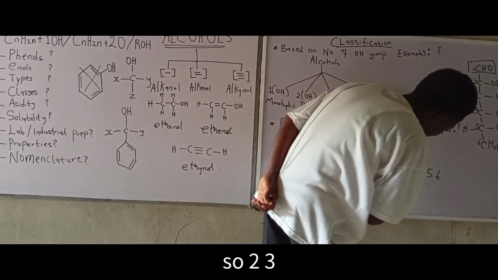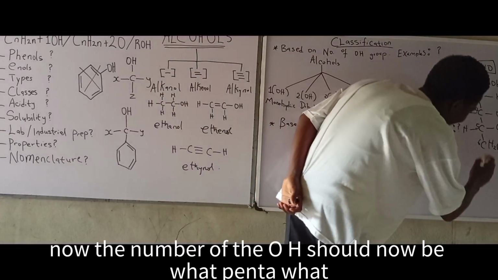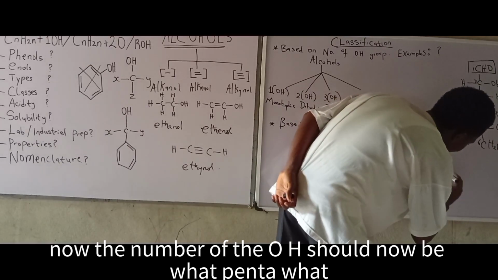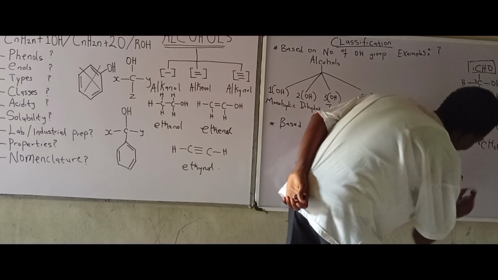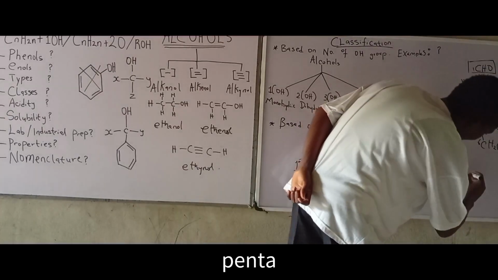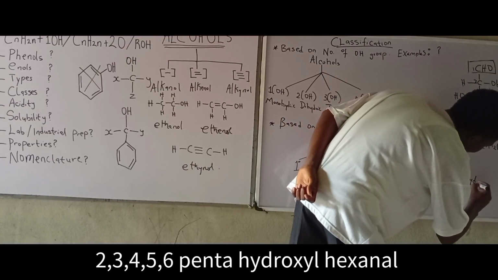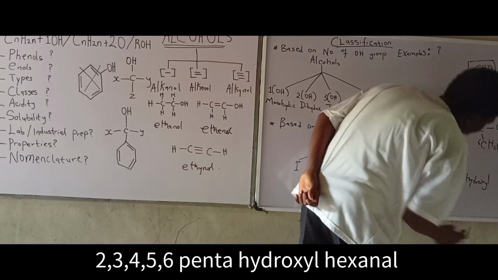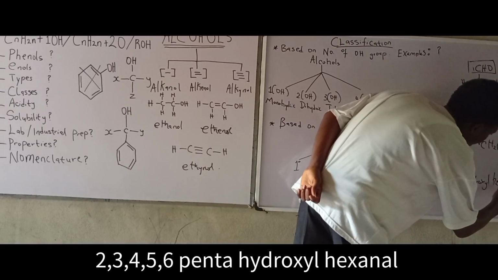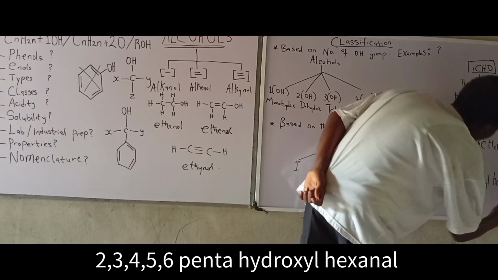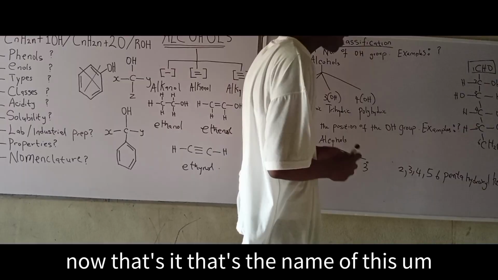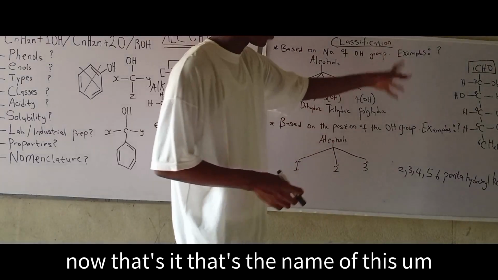Penta. So 2, 3, 4, 5, 6-pentahydroxyhexanal. Alright? Now that's it. That's the name of this compound here.